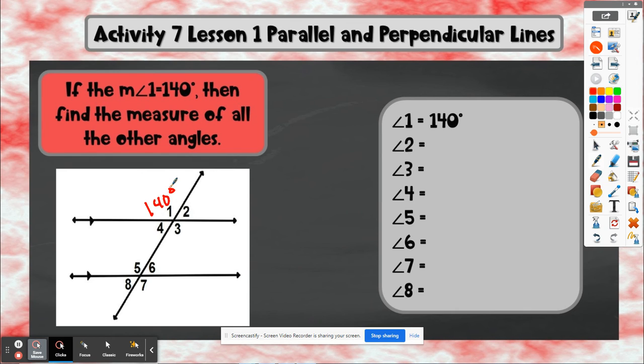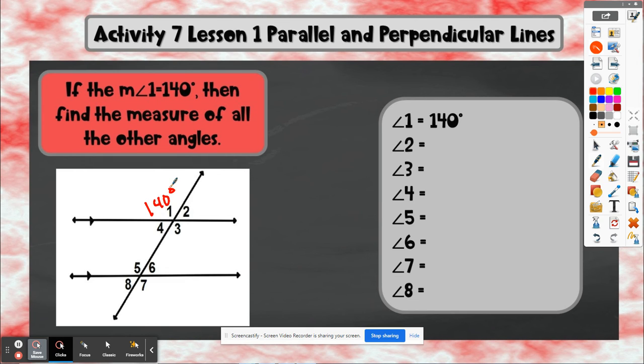Now, I can use alternate exterior. I can use corresponding. I can use linear angles. I can use vertical. Which one do you want to use? Which angle do you want to look for first? 2, 3, 4, 5, 6, 7, or 8? We can pick a random one. Okay, angle 3. Angle 3 and 1, there is a comparison.